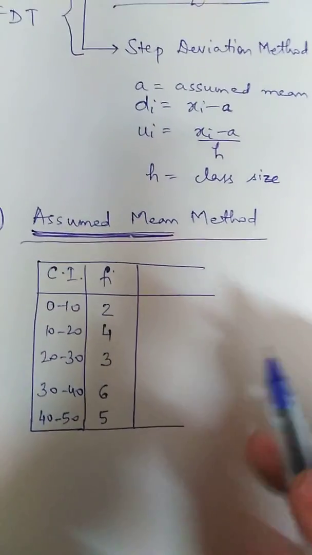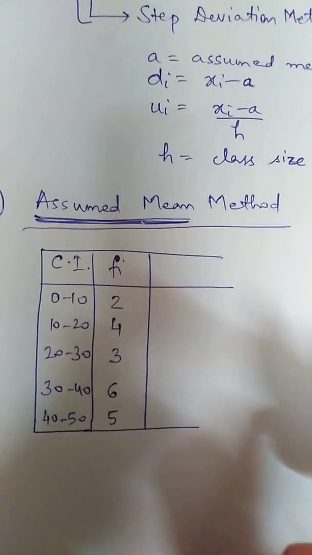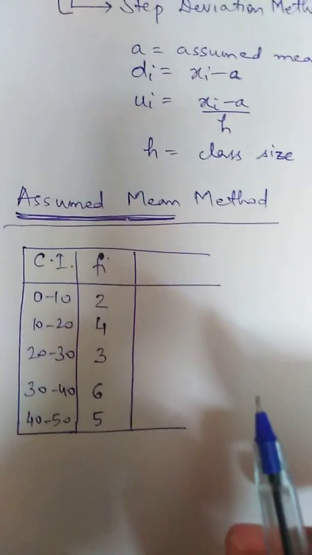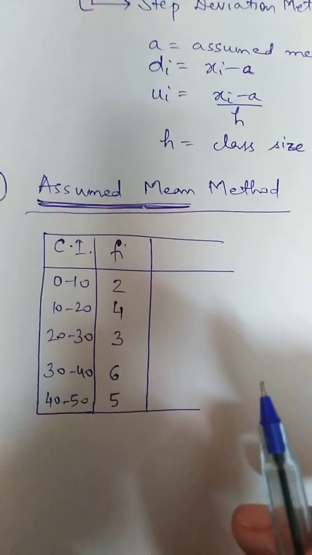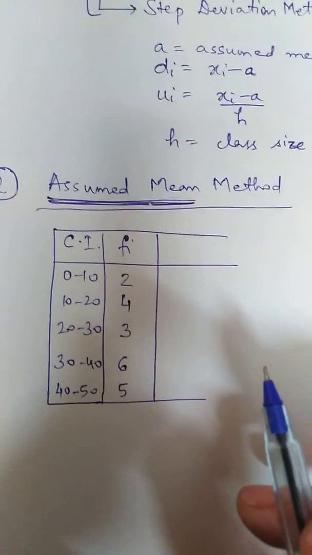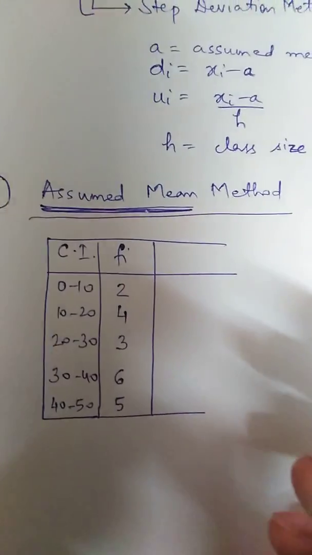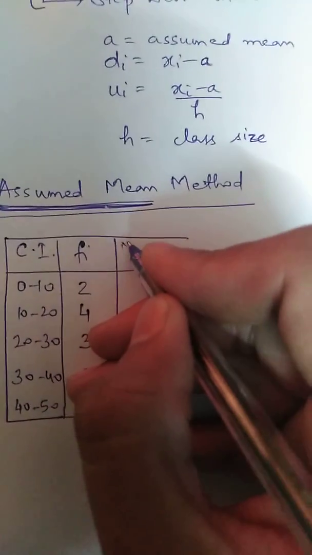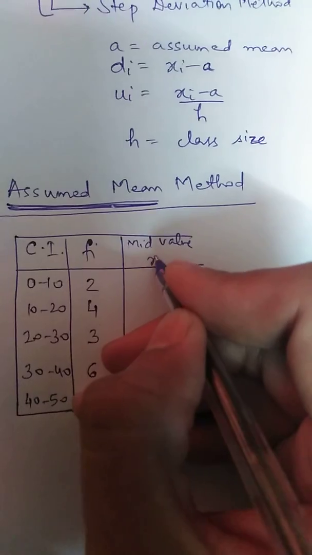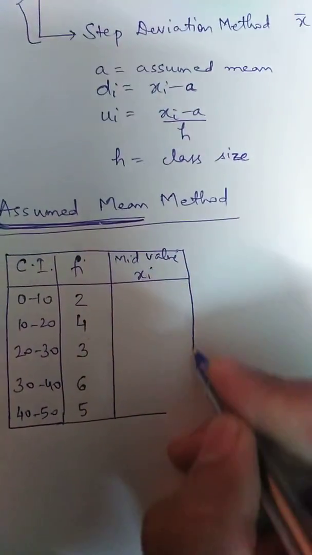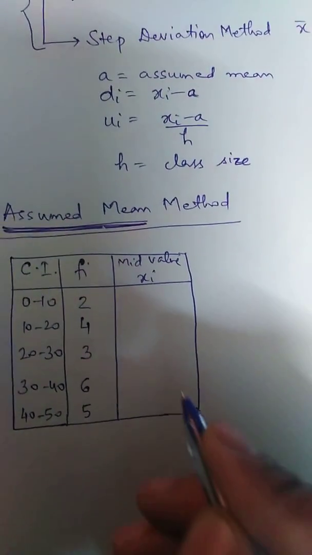So finding it with the assumed mean method, we have data where class interval and frequency are given. At first, as we learned in the previous class, when the class interval is given, we have to find the mid value of the class interval, which we mark as xi. So let's first find xi.